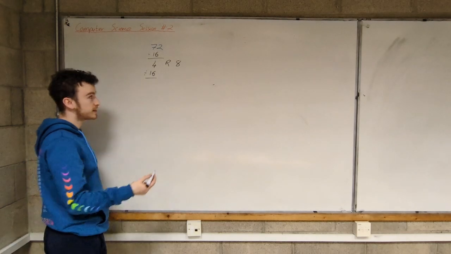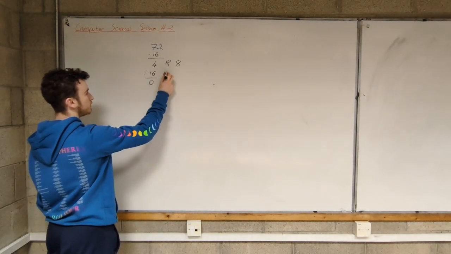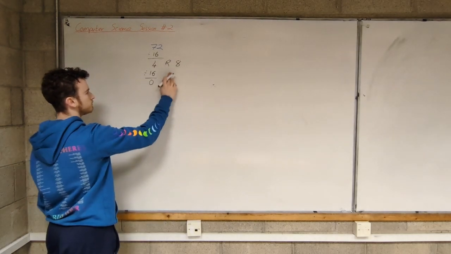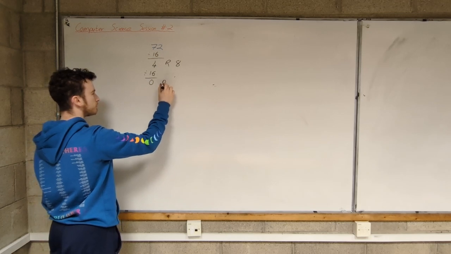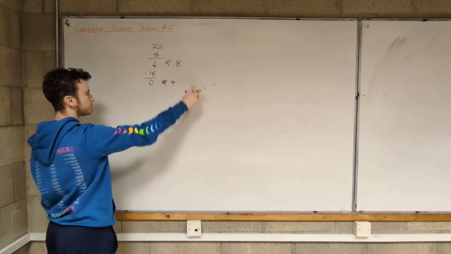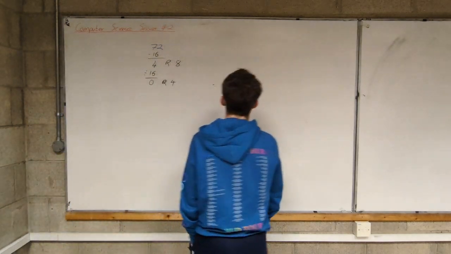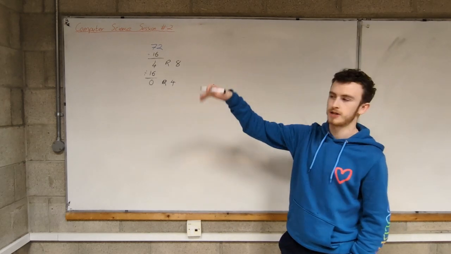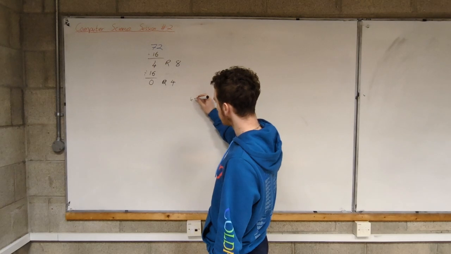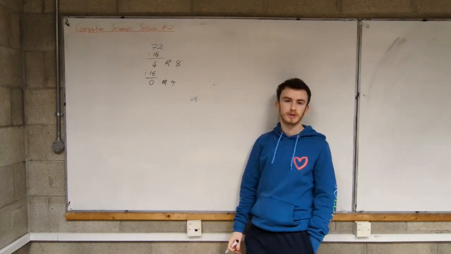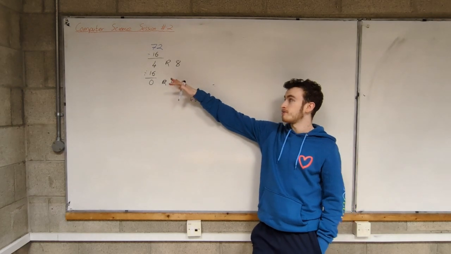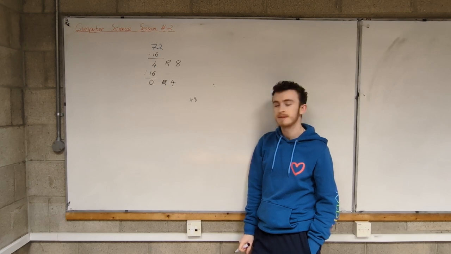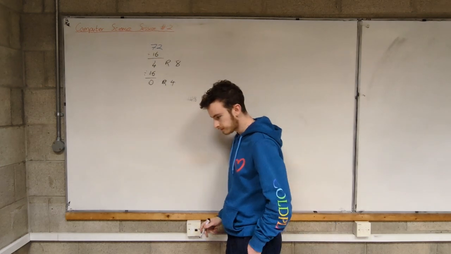Can you divide 4 by 16? You can't. So it's 0, with a remainder of 4. Now we look at the remainders and read them from bottom to top. So 72 in hexadecimal is 48. And if you get any remainders that are greater than 9, you convert them to a letter. Simple as that.